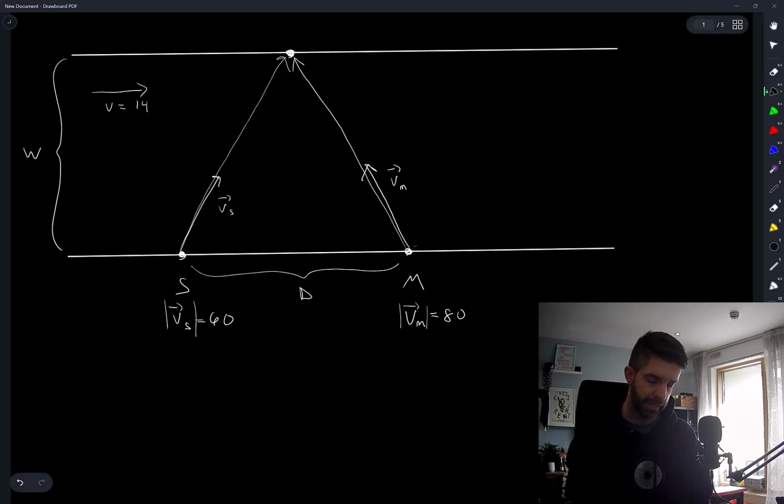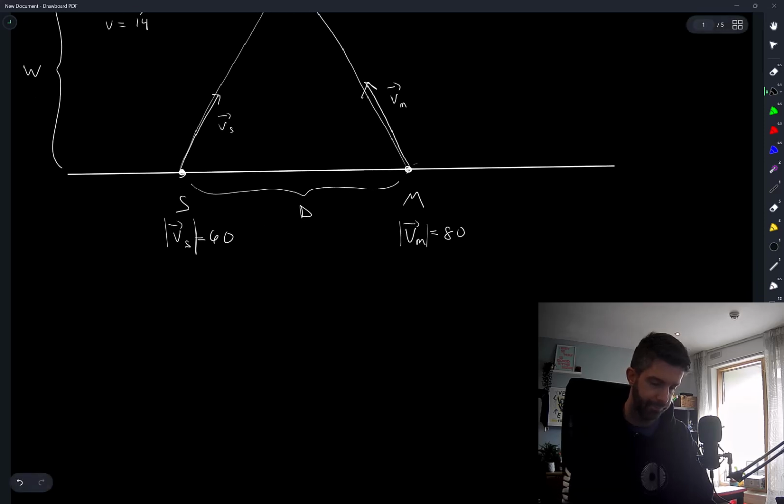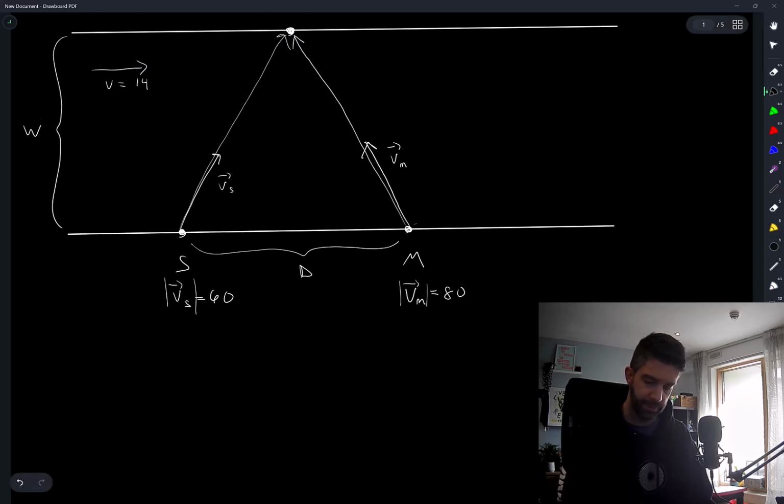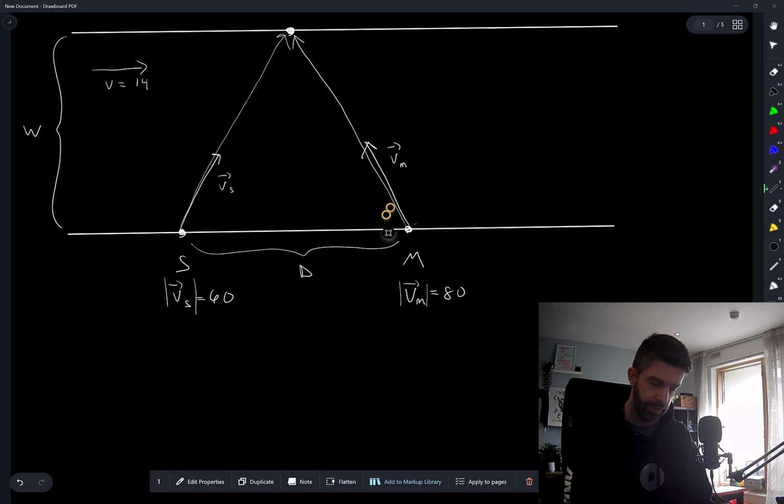So we'll have to work out, I guess it's just setting up the system of equations and figuring out what the value of D is here. I guess the angles of things might be the same. Like the angles here are going to be the same.